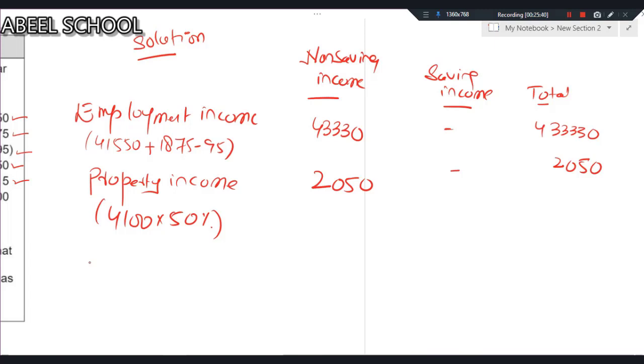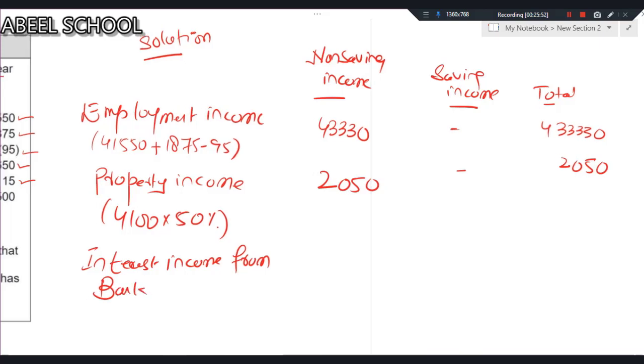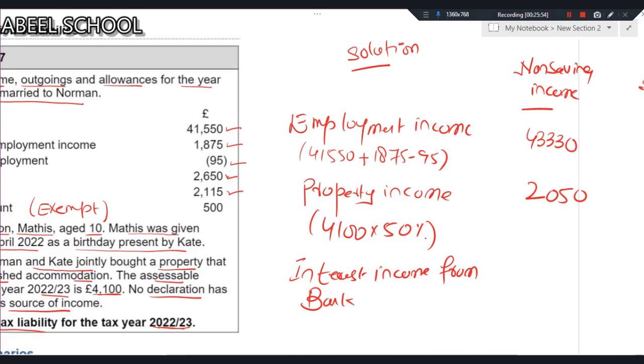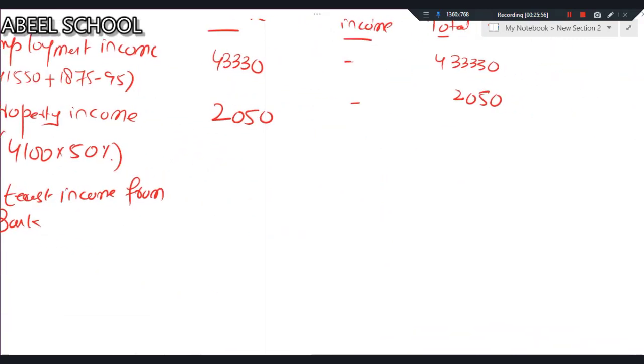Interest income from bank is a saving income. The amount of interest income from bank is 2,650.